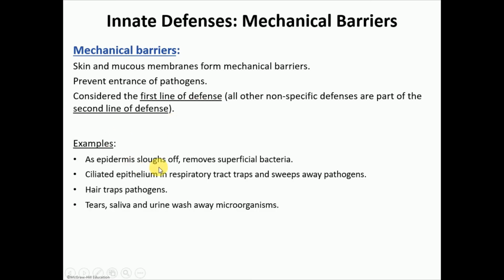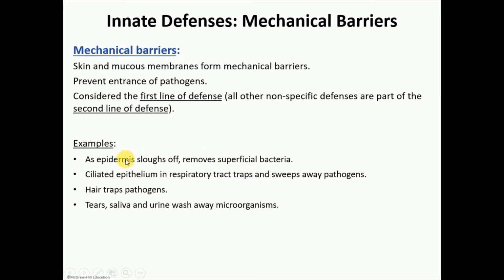So for example, first lines of defense are the epidermis sloughing off. As we remember, we talked in the integumentary system, the uppermost layer of the epidermis, those are dead keratinized cells, and those slough off as we move around. As they fall off, they are going to remove superficial bacteria that's on our skin.